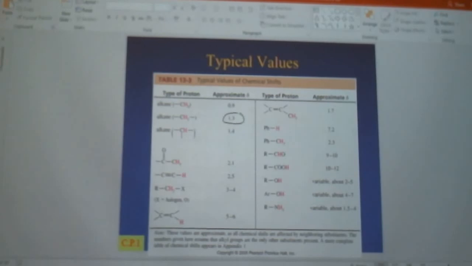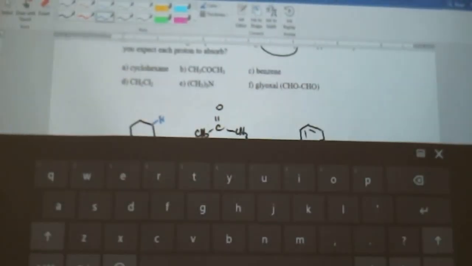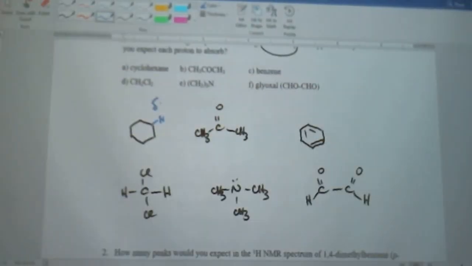Right. Those hydrogens are attached to a secondary sp3 carbon. So about 1.3. This delta is like that, or sometimes you may see 1.3 ppm. Those are the units, parts per million. But this is telling you on the delta scale it comes at 1.3.